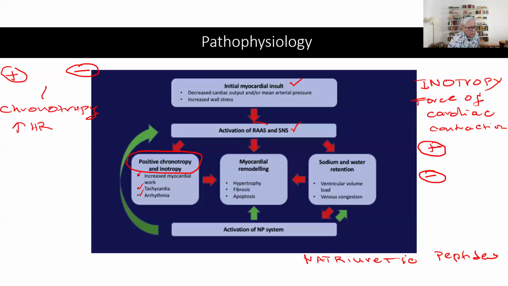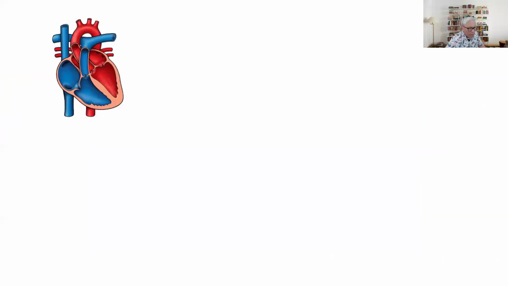And now I'm going to simplify that a little bit by illustrating it to you. Okay. So suppose that a patient has had a myocardial infarction. So there's a cardiac insult, and maybe part of the heart is going to die.